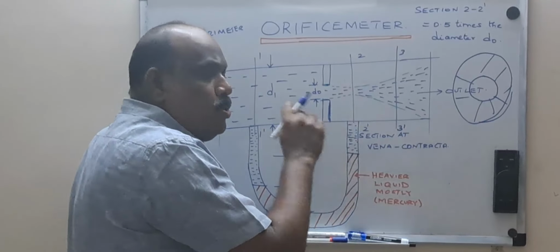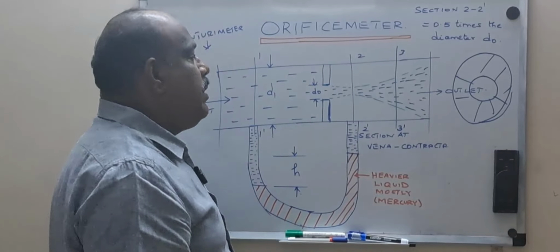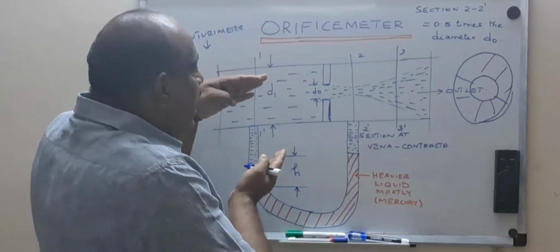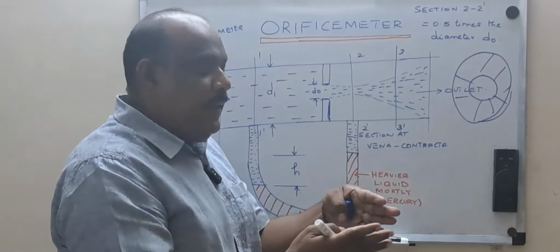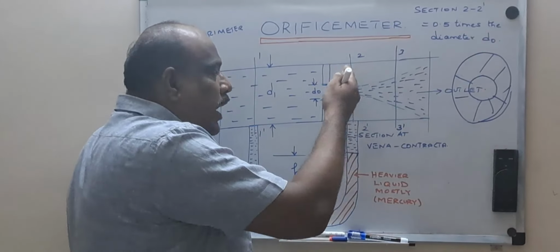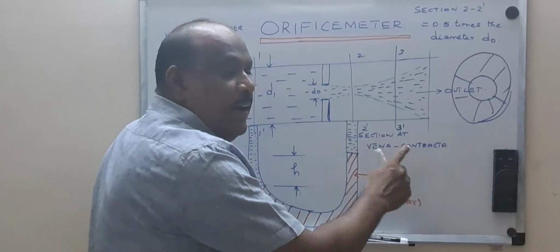Only at location 2 dash is the area minimal. This is called vena contracta. When the flow comes out of the orifice, it tries to take a minimal area, and then it diverges again. The location where it has the minimum area is called the vena contracta.